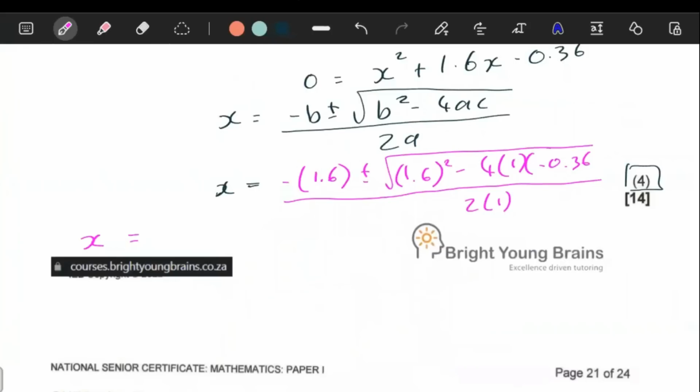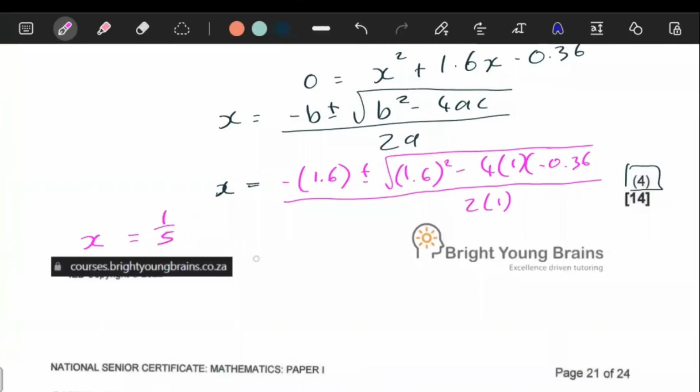Negative 1.6, plus the square root of 1.6 squared minus 4 times 1 times negative 0.36, the whole thing over 2 times 1. That's like 1 over 5. 1 over 5. That's the value of x.